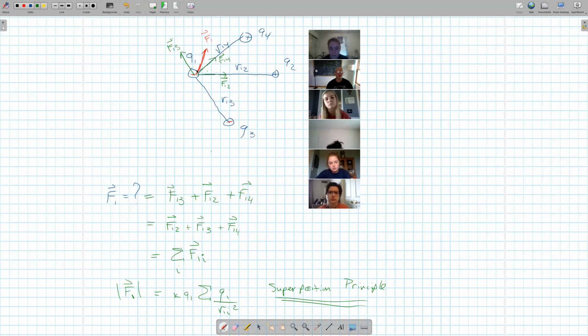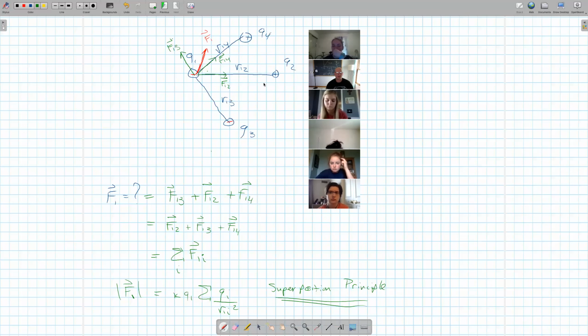Correct. So that's going to determine the direction of the force. That's right. So as I have drawn on the figure itself, where I'm drawing, say, F13, I'm using the fact that these are both negative charges, which gives me that repulsion force. Okay. And then for F12, between Q1 and Q2, one's a negative charge and one's a positive charge, so that's giving me my attractive force in this case.